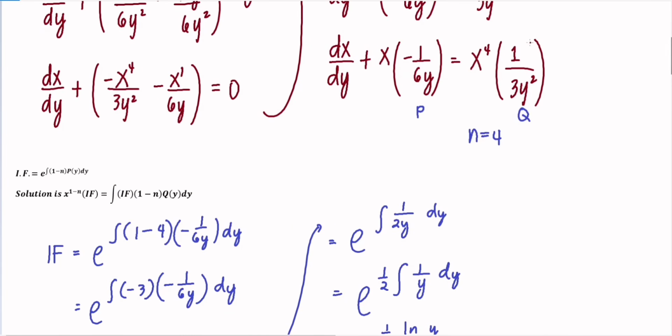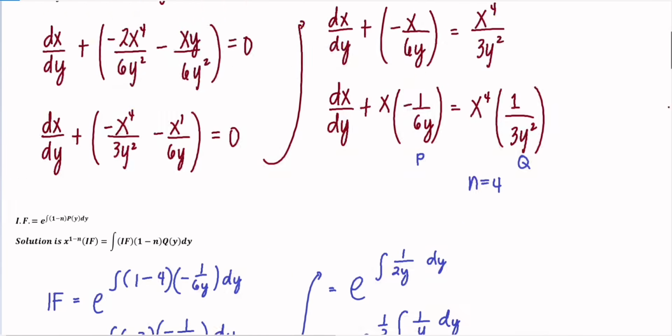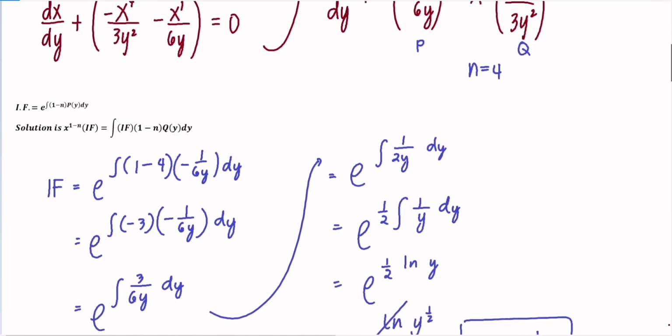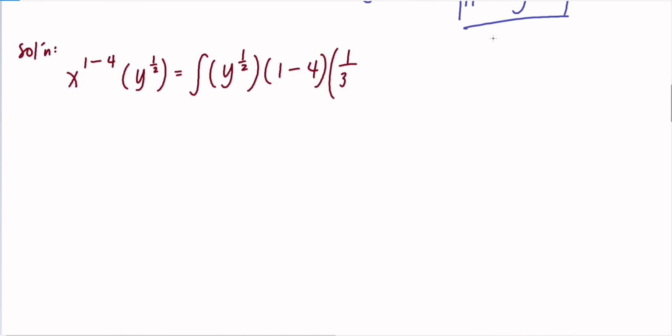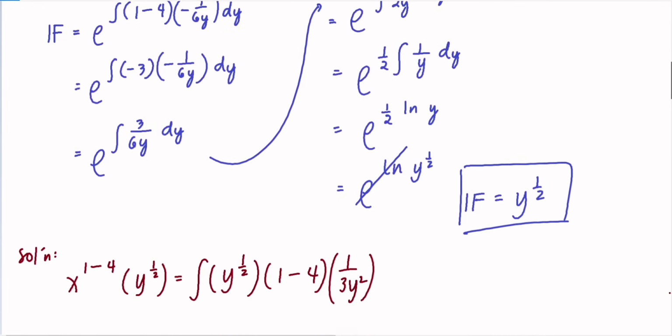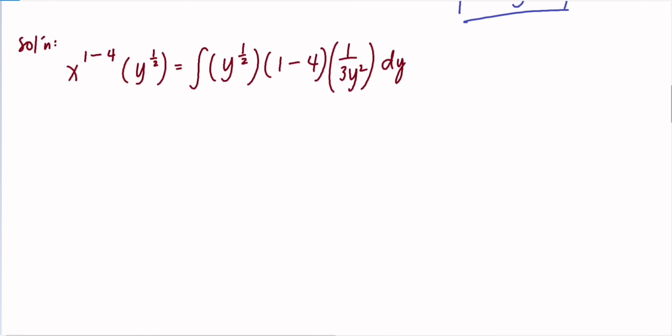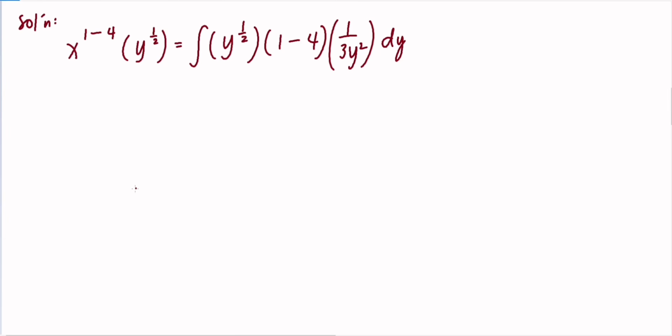So, asan ang q? Ito, 1 over 3y squared. Tama ba? 1 over 3y squared. Okay. 3y squared, q, y dy. Ayan. Okay. So, simplify as much as you can and then integral and then isimplify nyo pa ulit yung sagot nyo. Okay? So, x raised to negative 1, 1 minus 4 would be x raised to negative 3.